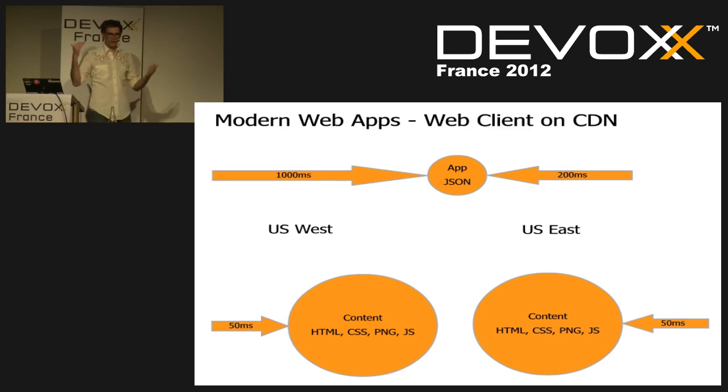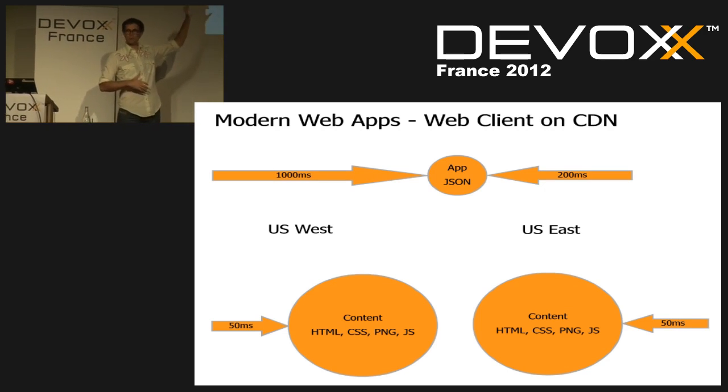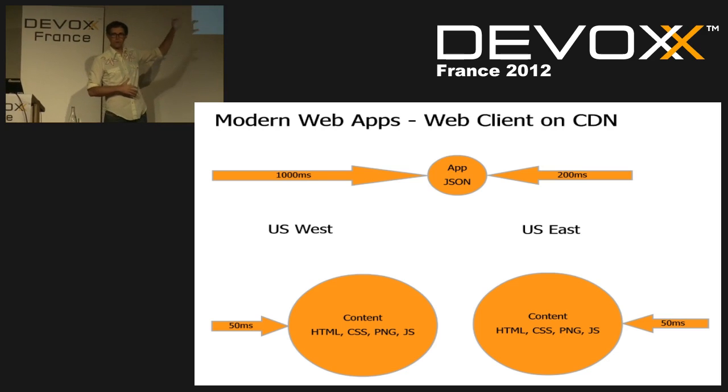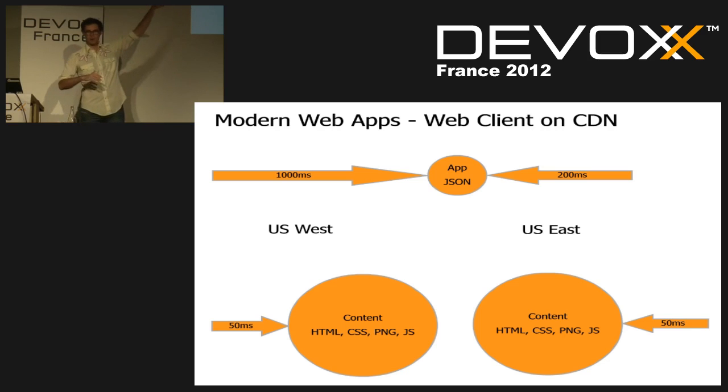So the model that I think we're moving towards is to take our services that are just serving JSON, which are a much smaller percentage of our overall number of requests and size of requests, the amount of data being transferred, and keep that geographically central to some place. The reason for that is, again, geo-distributing data is a very, very hard problem. If you do want to do it, great. You can even make that part of the picture better.